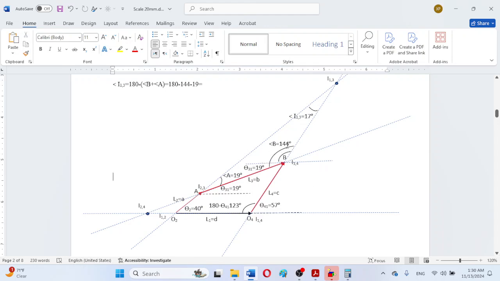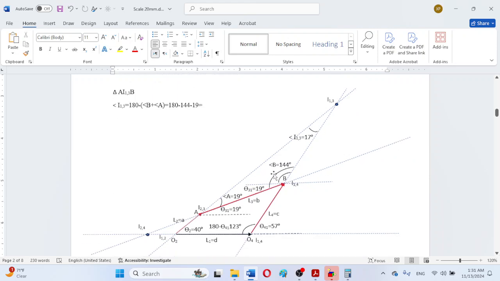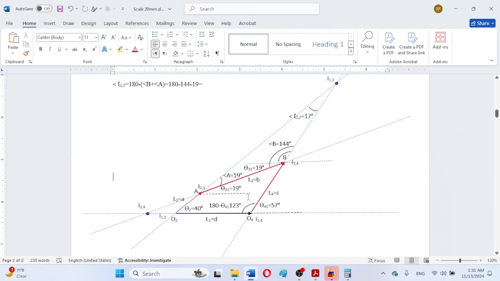So the angle at B, the total angle between line AB and I1,3 and I1,34, will be equal to the sum of this angle 123 plus 19.